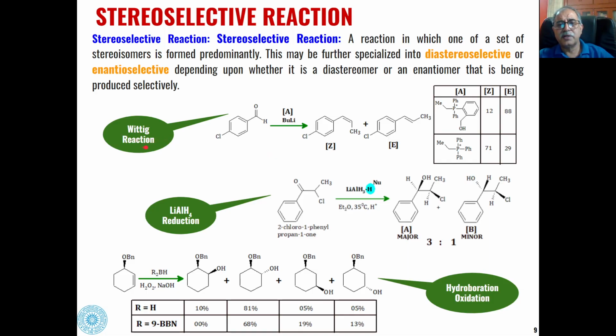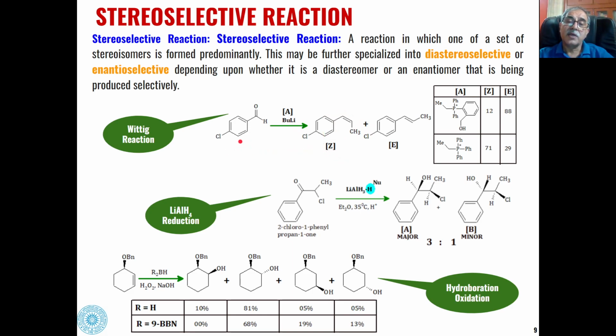There are so many examples of stereoselective reactions. For example, take the case of the Wittig reaction. We know that carbonyl compounds, in the presence of triphenyl phosphine derivatives and a base, are converted into alkenes.